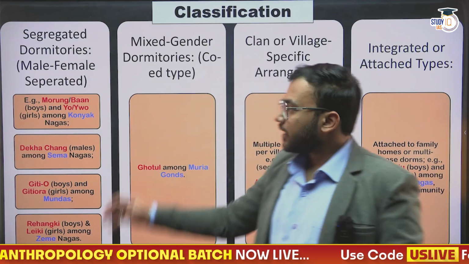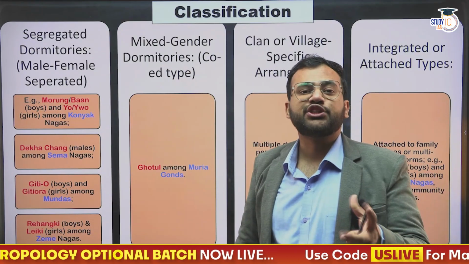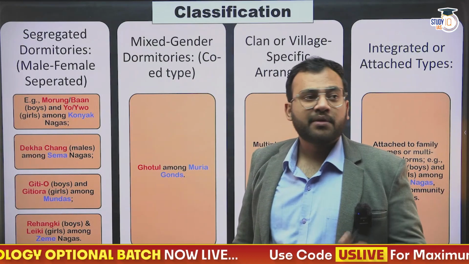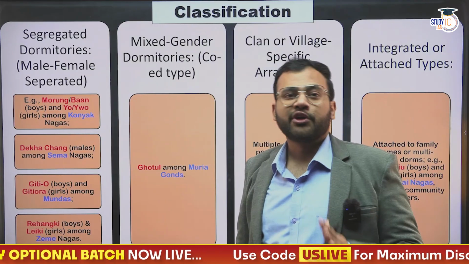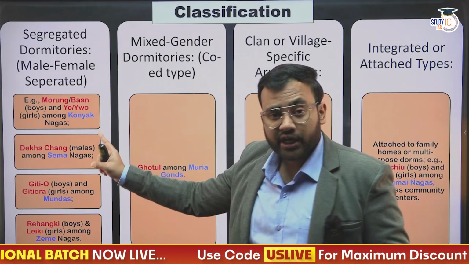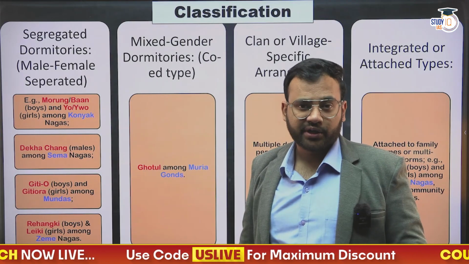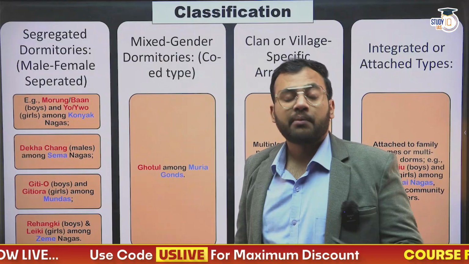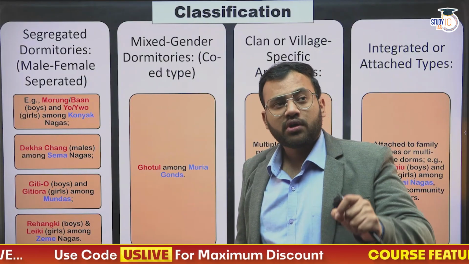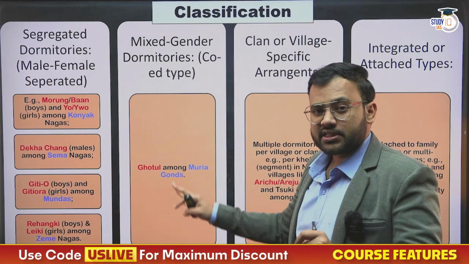Alright. Then there are certain dormitories which are mixed dormitories, where male and female live together. Okay, the Dhumkuria that we talked about is also an example of a segregated youth dormitory. Okay? So Dhumkuria is seen among the Oraon. There is one more youth dormitory which is not mentioned in the slide.